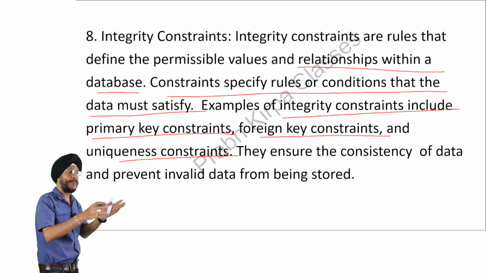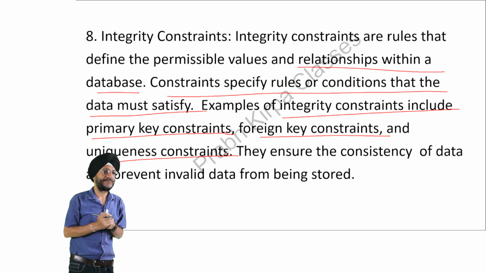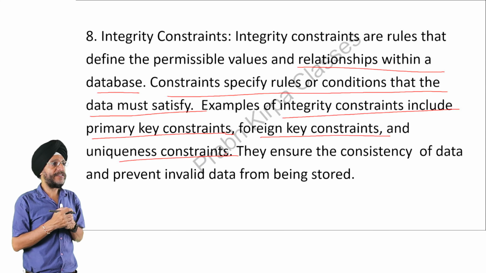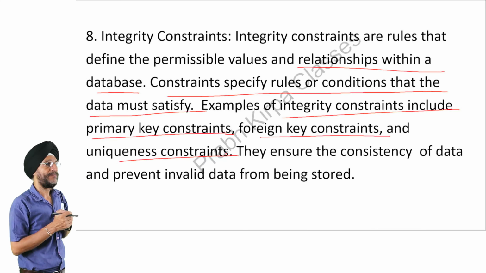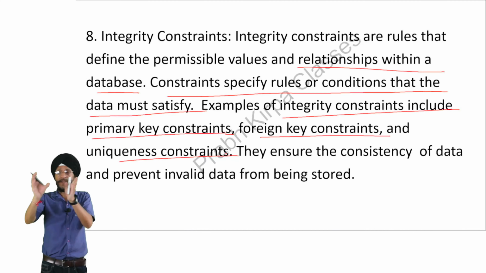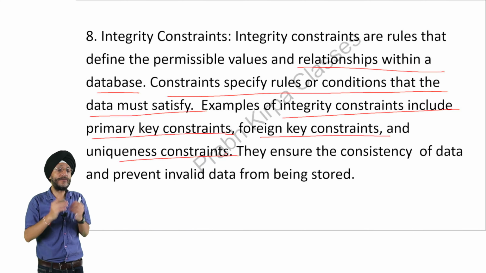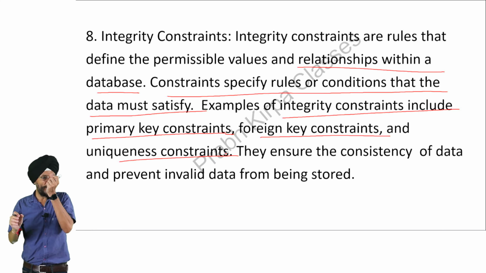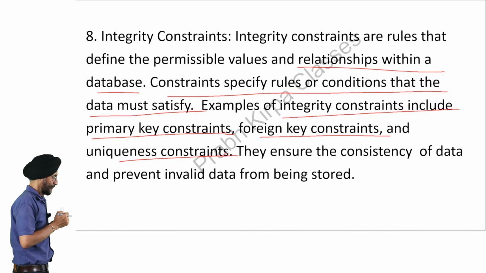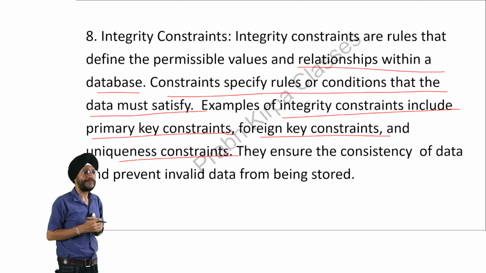We take the example of foreign key constraint. When an order is placed and the order is recorded, then the customer ID has also to be put in the database while recording the order.